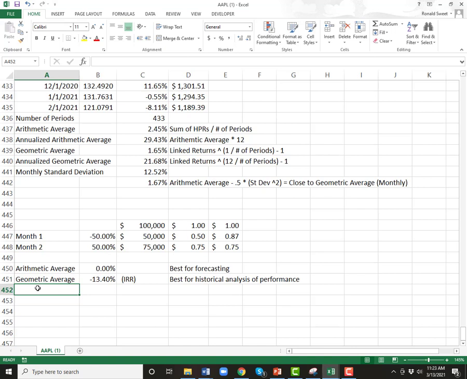I needed to put the arithmetic average in, and then when the model ran the simulations with all the volatility, my resulting geometric average would have been just about right. And so I had to show them some numbers to explain that, yeah, for forecasting into the future, arithmetic average is the right number. Because when you apply volatility to arithmetic average, you end up with the lower geometric average.